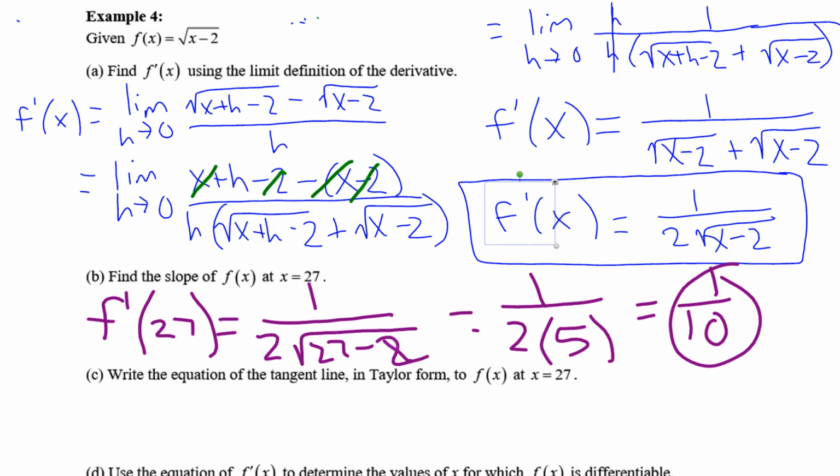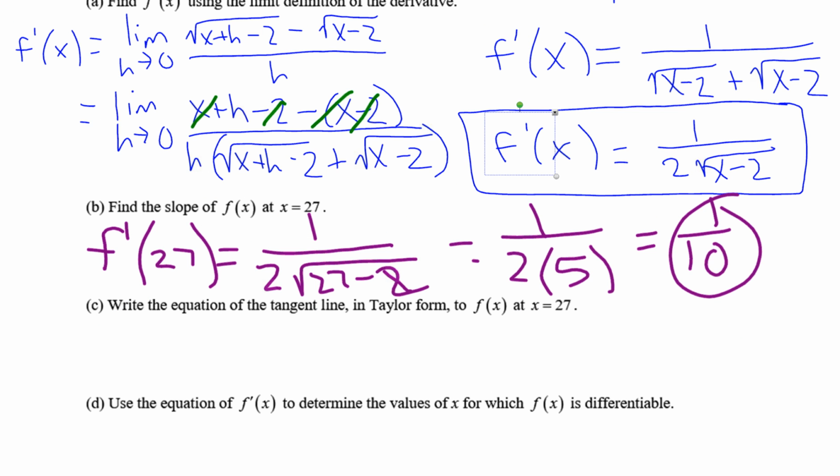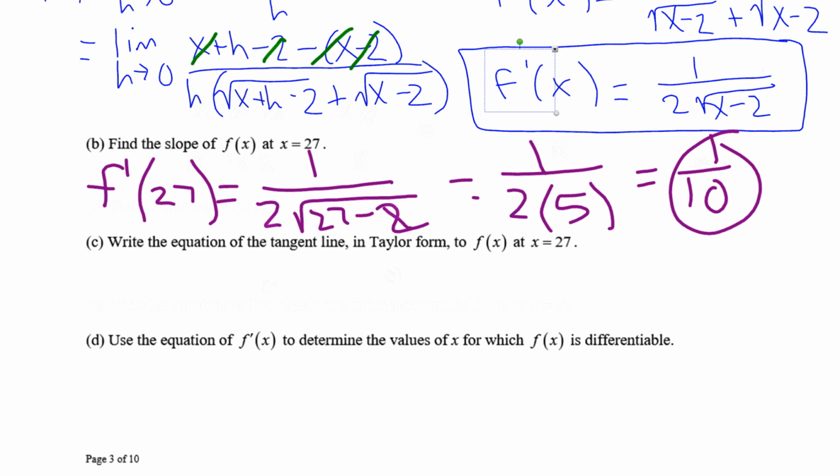Write an equation of the tangent line in Taylor form, and Taylor form is really useful. If you can get comfortable with it now, it'll be great. And remember, that's point-slope form: y equals y1 plus m times x minus x1. We've used that for a long time. So we need the slope for the equation. We've got that. We need a point for the equation.